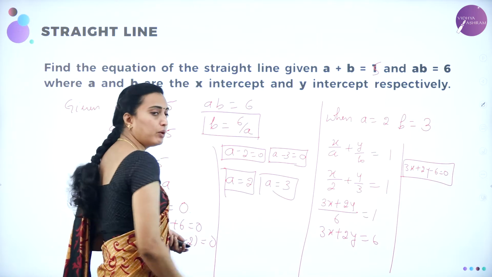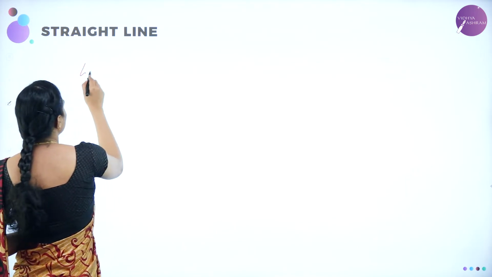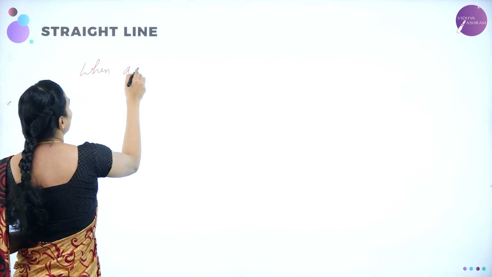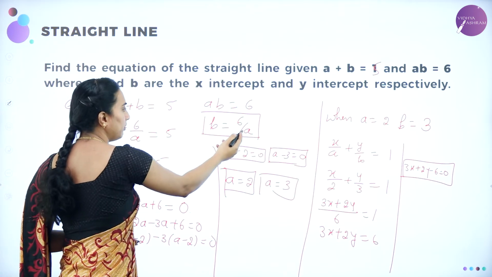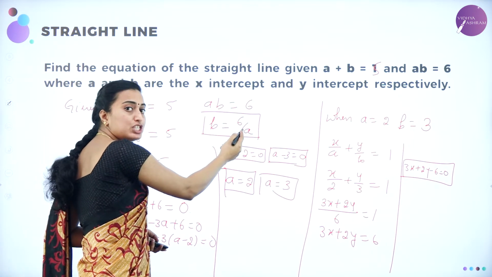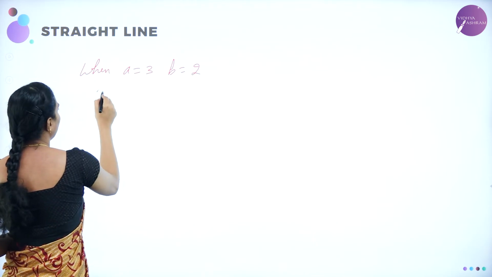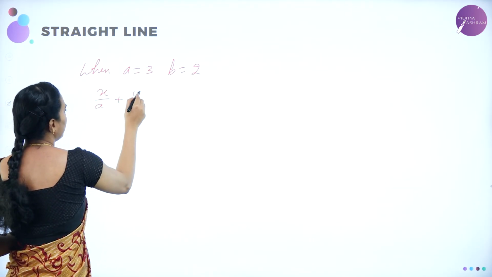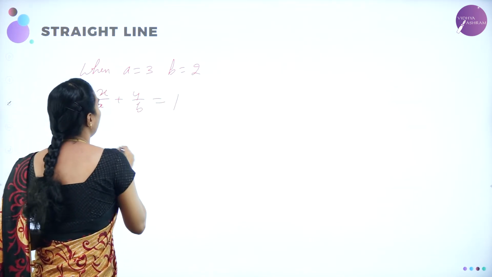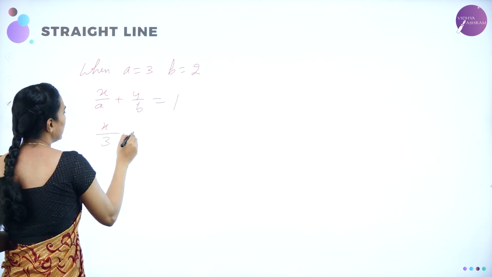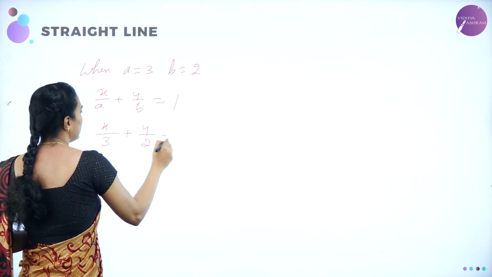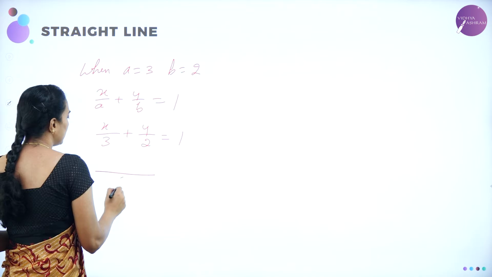But what about when a equal to 3? So when a is equal to 3, b will be equal to what? 6 by 3. 6 by 3 is 2. So b will be equal to 2. So therefore we know again x by a plus y by b, which is the intercept form, substituting: x by 3 plus y by 2 is equal to 1. Again 6 is the LCM here.